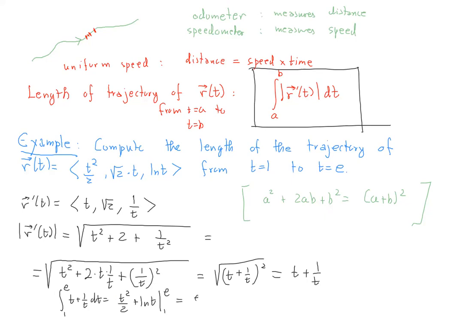And this will be e squared over 2 plus ln of e, minus 1 squared over 2, 1/2, minus ln of 1, which is 0. Ln of e is 1. So this number is 1. This number is 0. And 1 minus 1/2 is 1/2. So the answer here will be e squared plus 1 over 2.